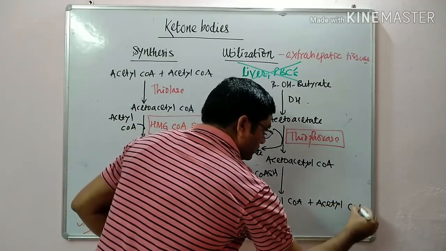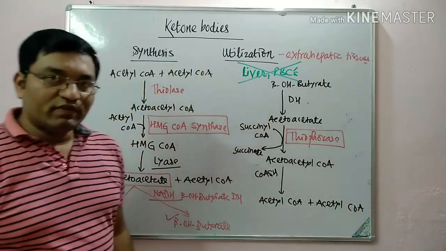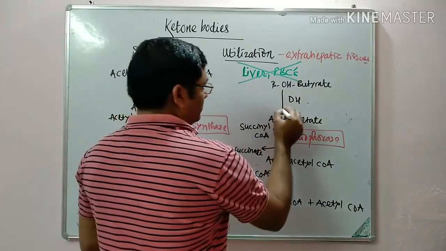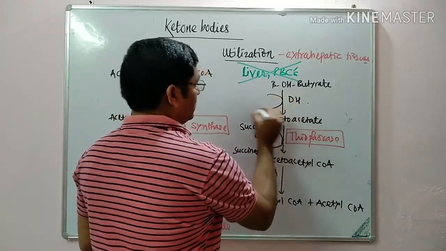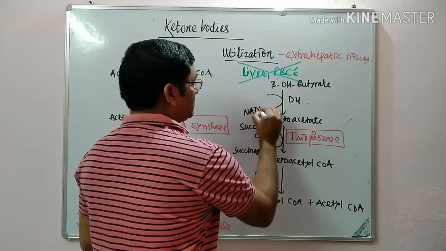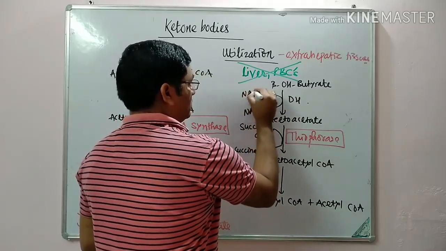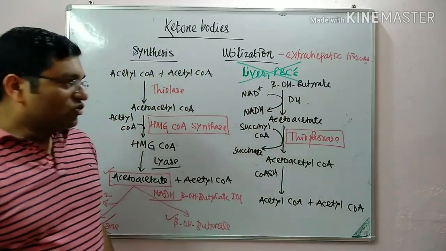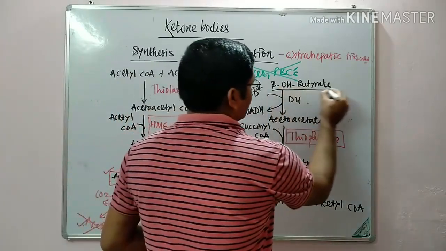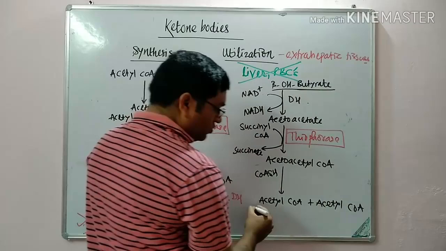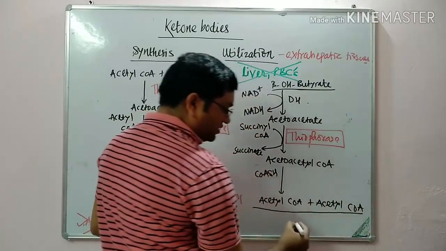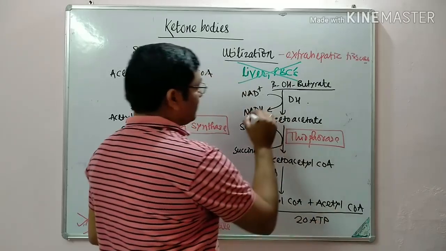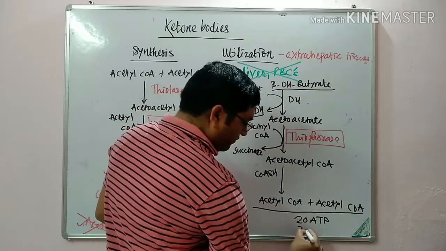This utilization of ketone bodies gives energy, as there is production of NADH here. Utilization of beta hydroxybutyrate gives two molecules of acetyl coenzyme A, which means 20 ATP, plus 1 NADH, which gives 2.5 ATP.